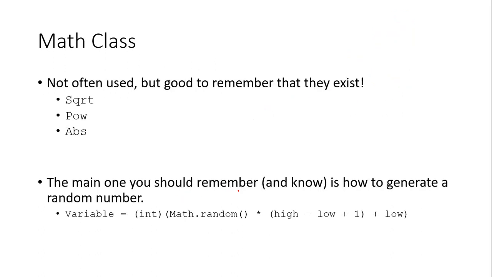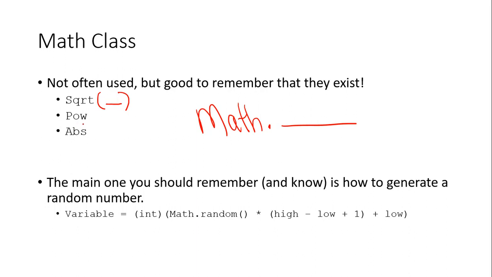The other thing I would like to point out is there are some things in the Math class that allow us to work with numbers. They're not often used, but they're good to remember that they exist. One of which could be the square root function, so you can just provide a number inside of that. And remember, it's capital M on Math dot and then the method that you want to call. So sqrt will give you a square root.